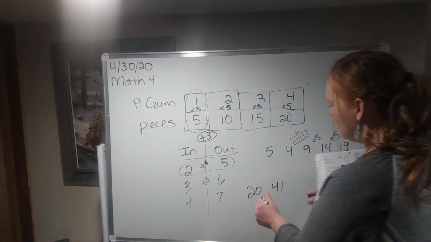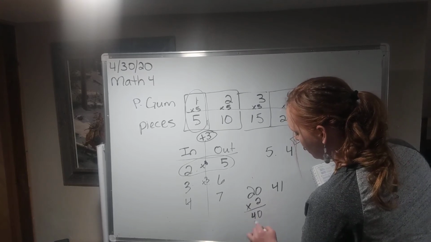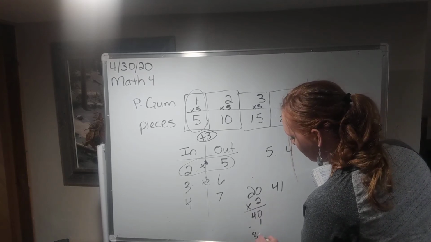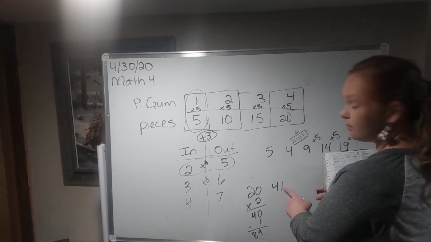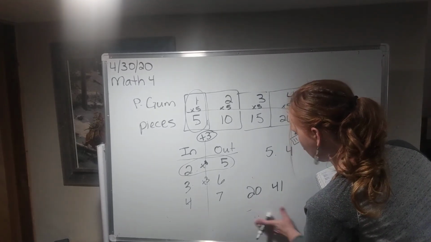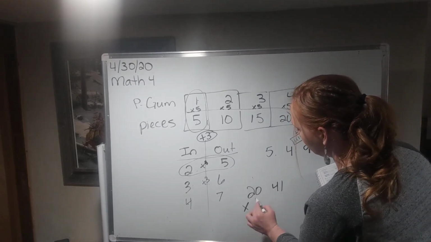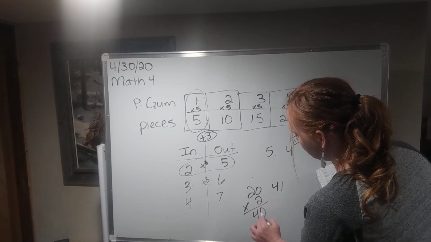subtract 1. Well, if I took 20 and I multiplied by 2 and I subtracted 1, I would get 39. That's not my next number. Okay, so it can't be A. B says multiply by 2 and add 1. Multiply by 2 and then add 1.